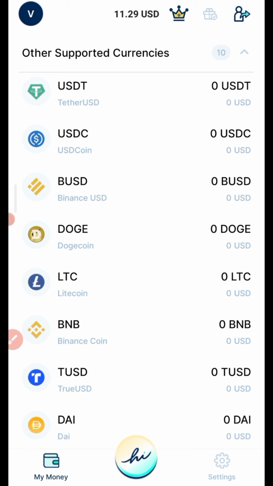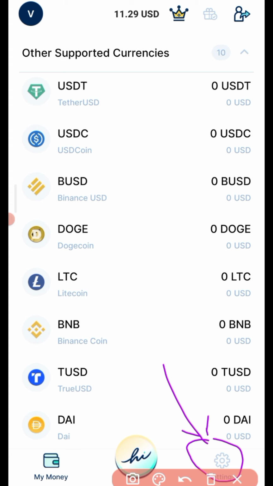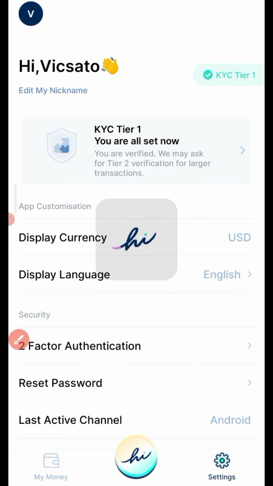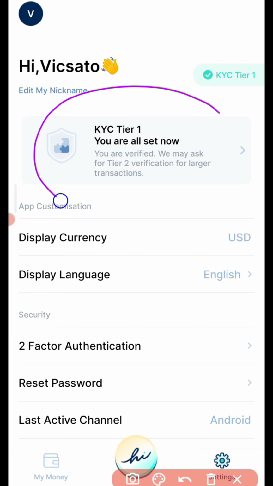It's important, guys. And for the KYC, remember, you have to interact with the settings button, and it's going to reveal to you what you need to do. The documents that you need and all that. You will find the requirements here.